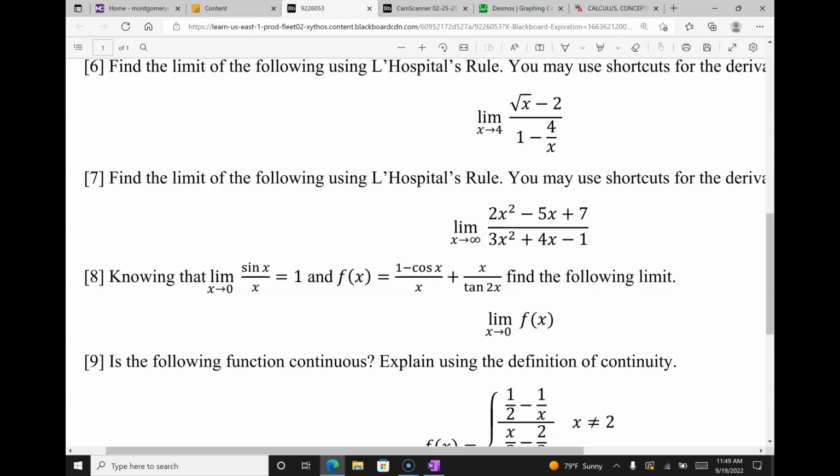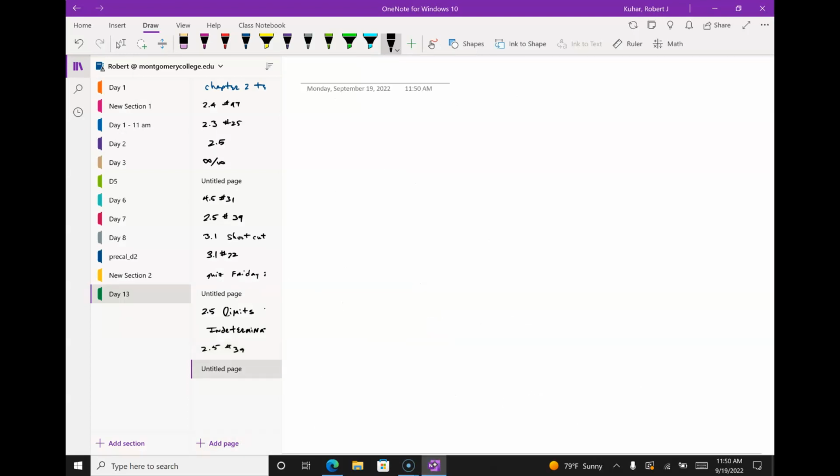Say it again? Yeah, sure. So it says use L'Hopital, right? So this is fall 2019, number 7.